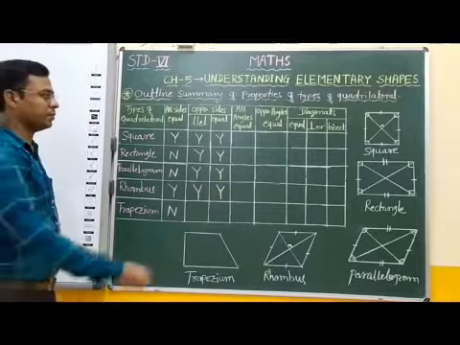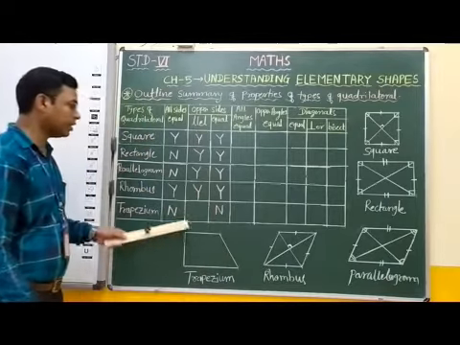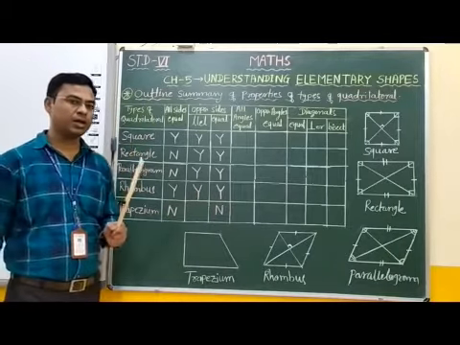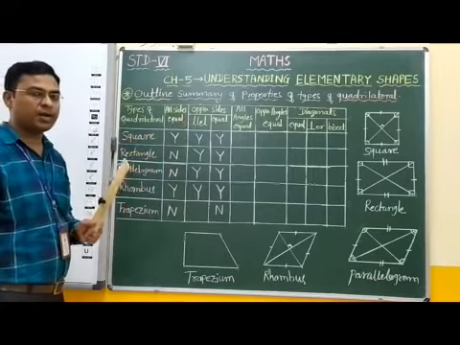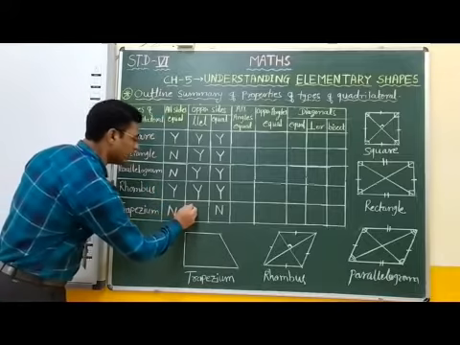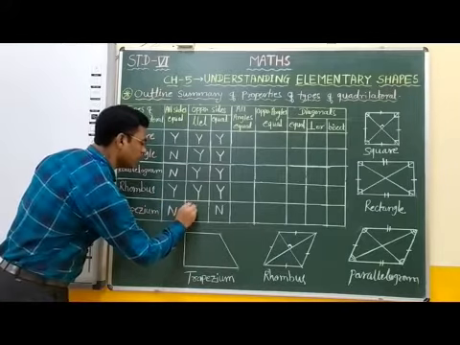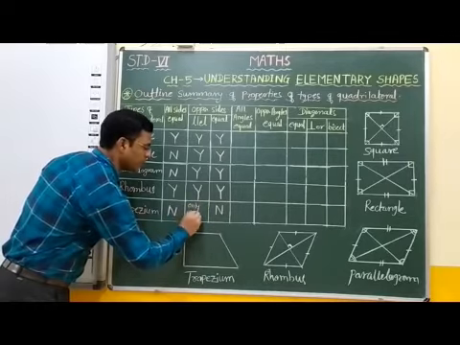In trapezium opposite sides are not equal, but one pair is parallel. Therefore, here we write only one pair.